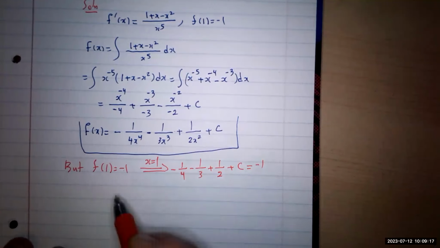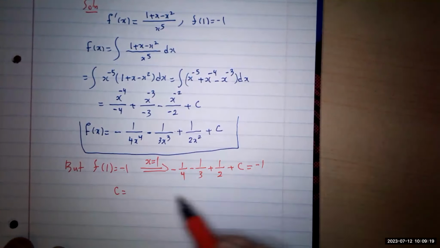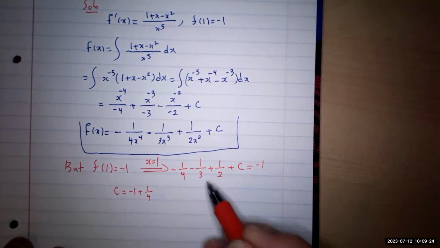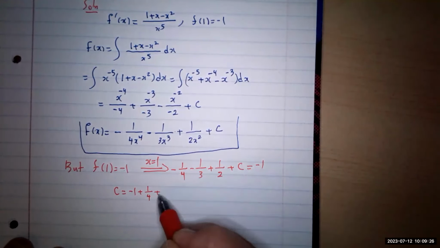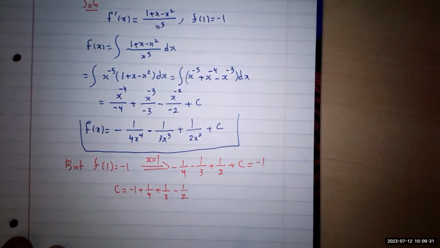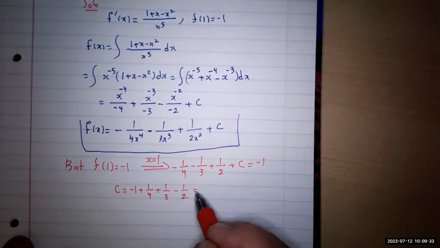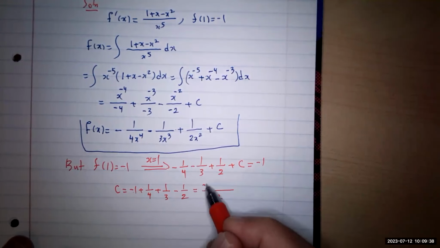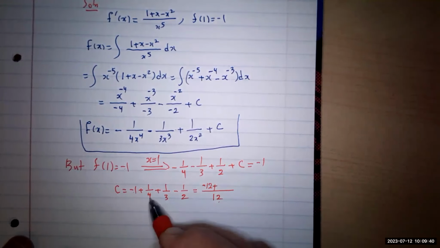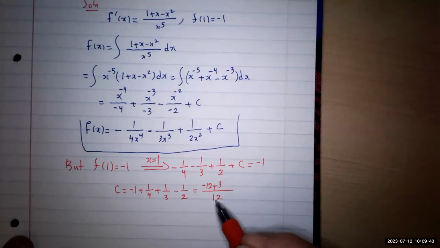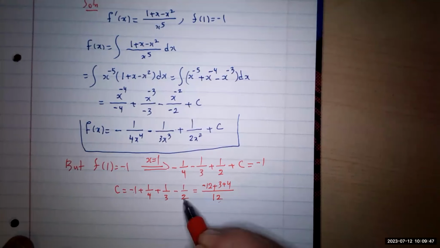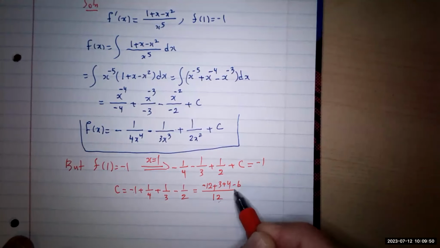You can move everything to the other side and use a common denominator. It's negative 1, positive a quarter, positive a third, minus 1/2. Find the common denominator, which is going to be 12. 12 times negative 1, negative 12. 12 divided by 4 is 3, 3 times 1. 12 divided by 3 is 4, positive 4. 12 divided by 2 is 6, minus 6.